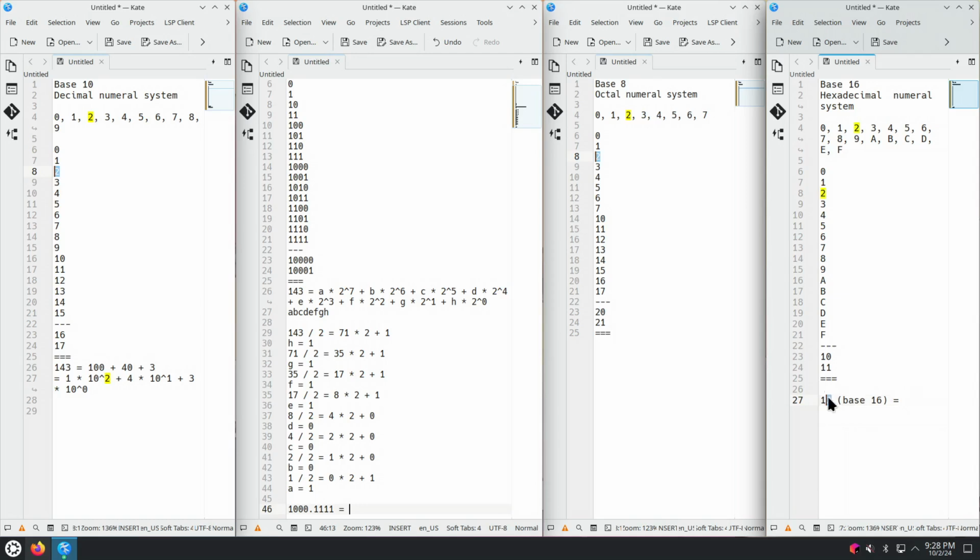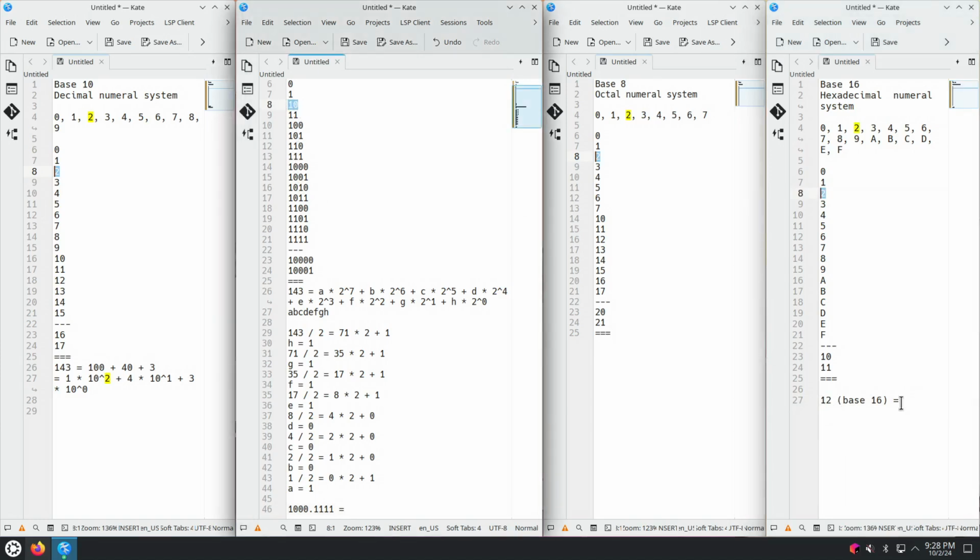So that's 2 on the least important position, which is line 8, which is this guy. And then there's a 1, which is line 7, which is this guy.